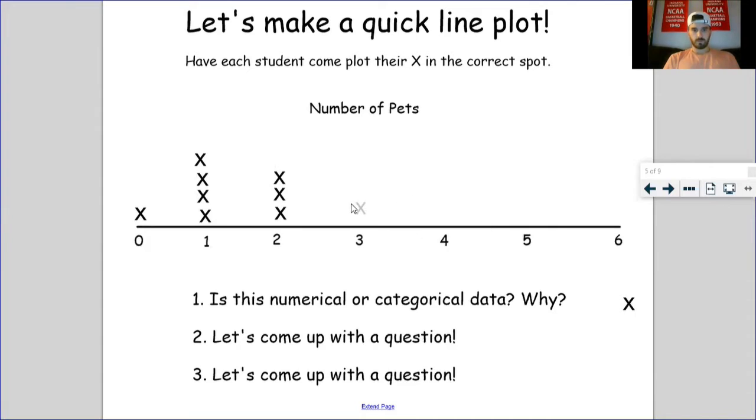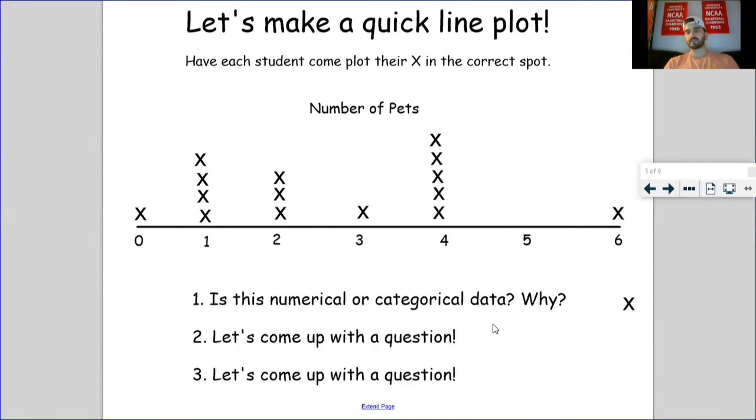We've got 1 with 3. We've got 5 with 4 pets. Nobody has 5 pets, and we have 1 person who has 6 pets.